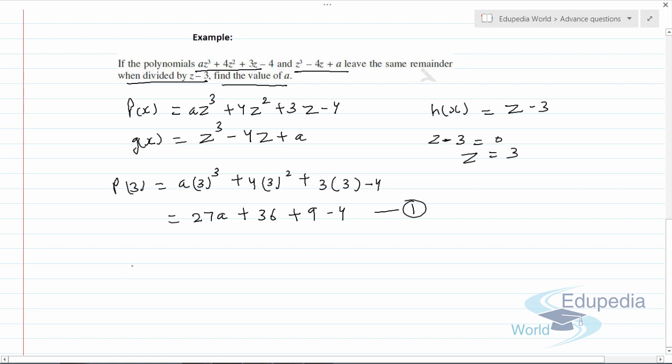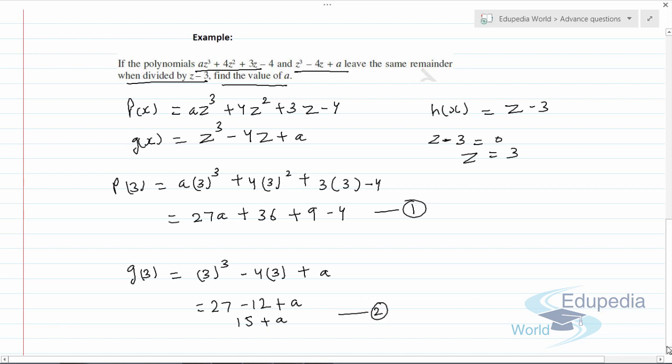Now similarly for g of 3, it will be 3 cube minus 4 into 3 plus a. So we get 27 minus 12 plus a, so it is 15 plus a. So this is our second equation.